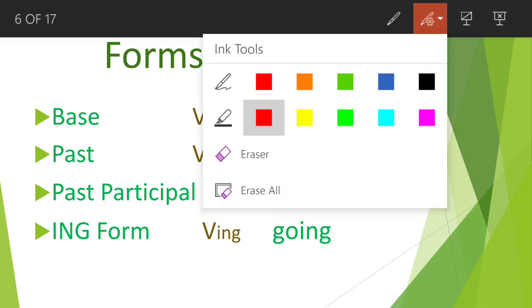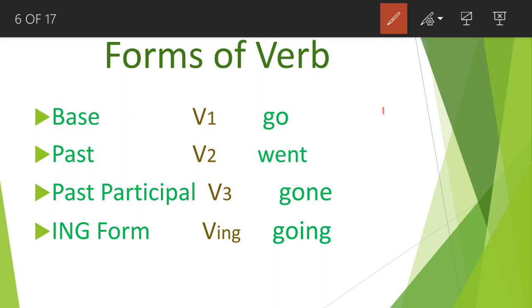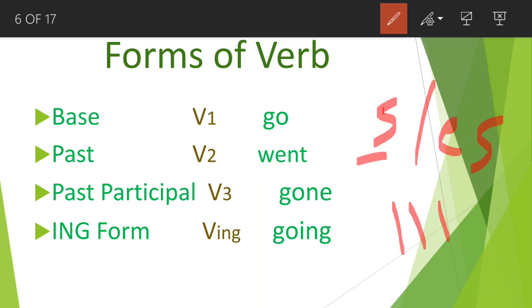For the base form we also use S and ES. With vowel sound we use ES and with consonant we use S, and we only use it with third person singular like she, he, it.